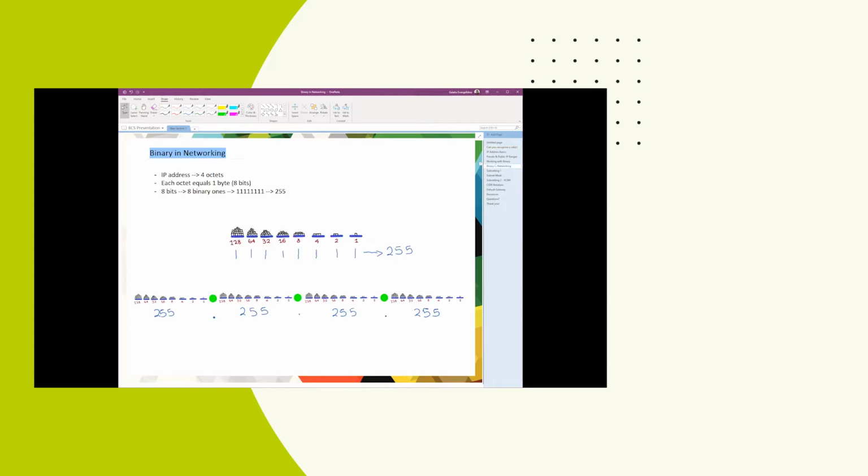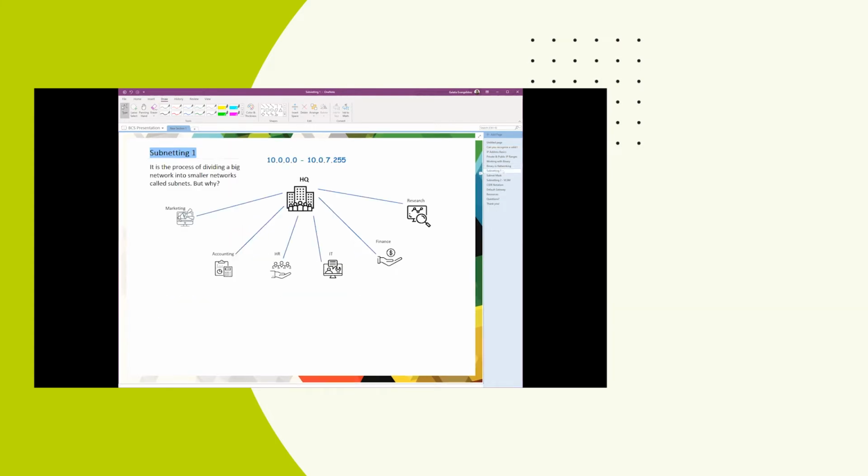Let's go back here. Yeah, we have covered this. Let's go to subnetting. Now that we know what a valid IP address looks like and how it's formed, let's create a scenario that we have got an HQ building, and the network architects have given us this range to distribute to all the departments of the company.